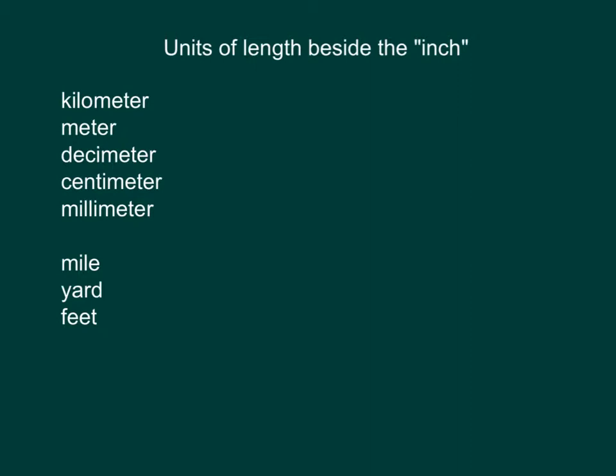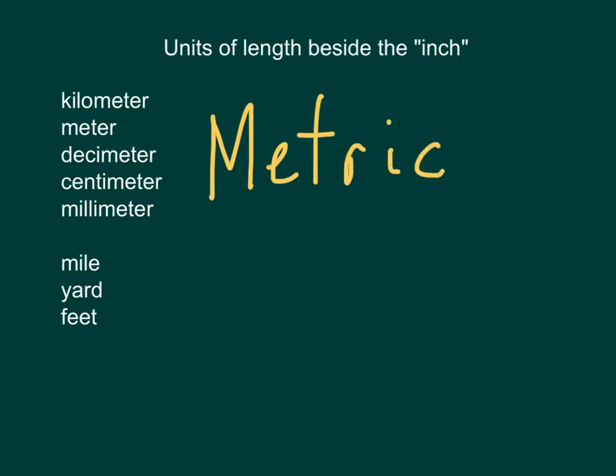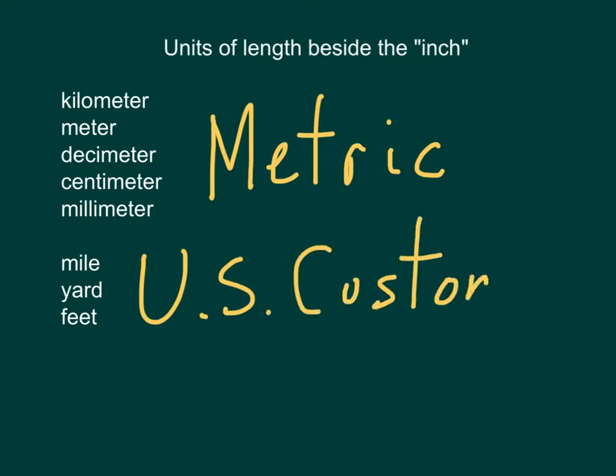These are two different types of measurement. The first one is the metric system units of length, and the second one is called the U.S. customary. And we are one of the only countries that uses the customary unit of length.